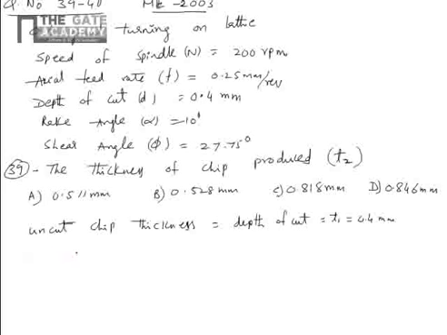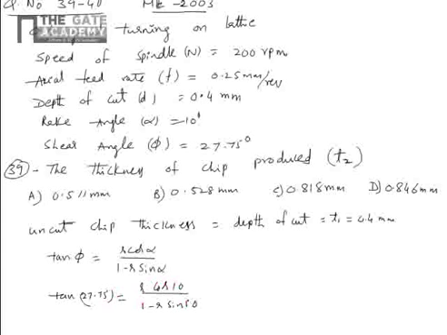Substitute in tan phi equal to r cos alpha by 1 minus r sin alpha. Tan 27.75 equal to r cos 10 divided by 1 minus r sin 10. Substitute all the values and simplify to calculate the r value.